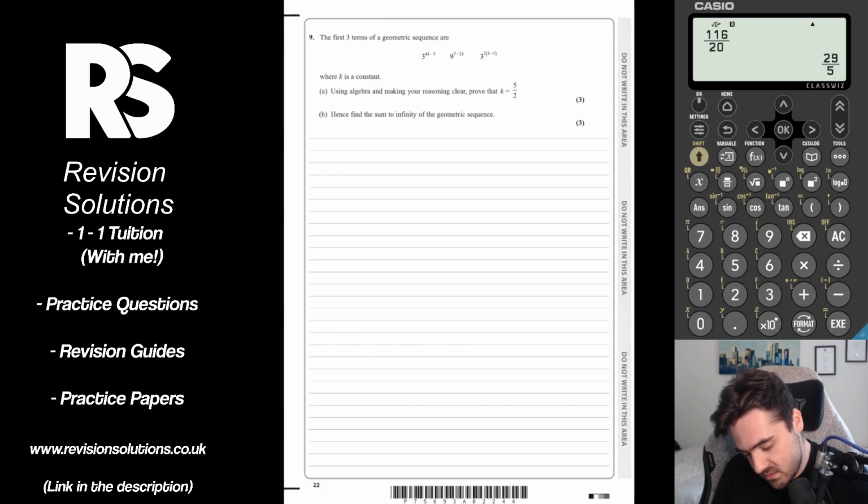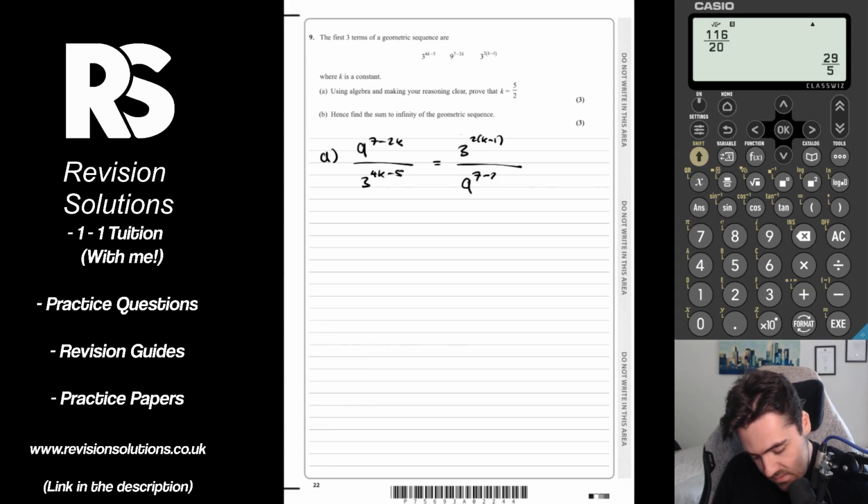In other words, for part A, we can use the fact that 9 to the power of 7 minus 2k over 3 to the power of 4k minus 5 must be the same as 3 to the power of 2k minus 1 over 9 to the power of 7 minus 2k.